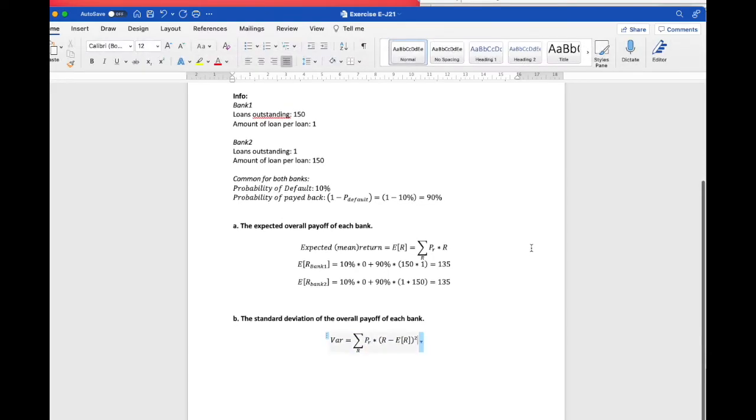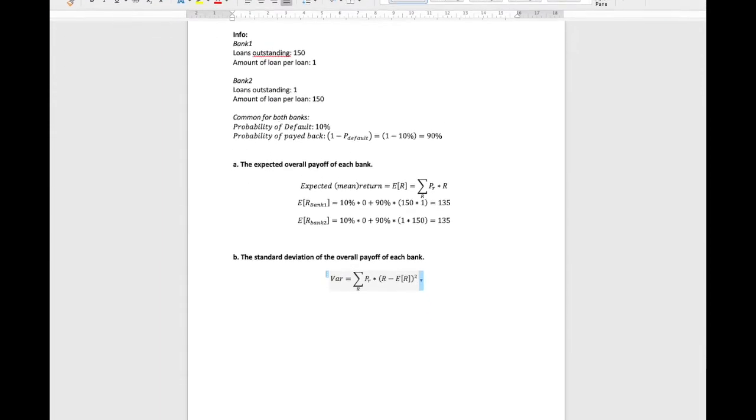Okay, so for bank 1, we have the variance for one loan, out of 150 loans.